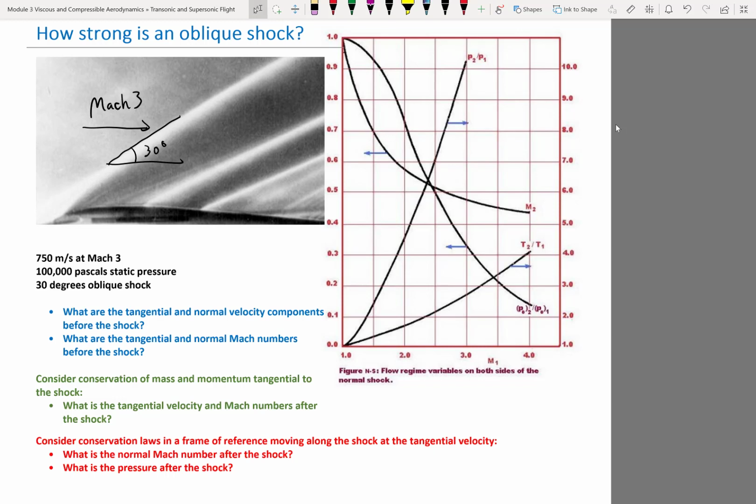All right, so for example, let's first look at what are the tangential and normal velocity components of a Mach 3 shock. If we decompose that velocity into a velocity normal to the shock and a tangential to the shock, what is the component normal to the shock?